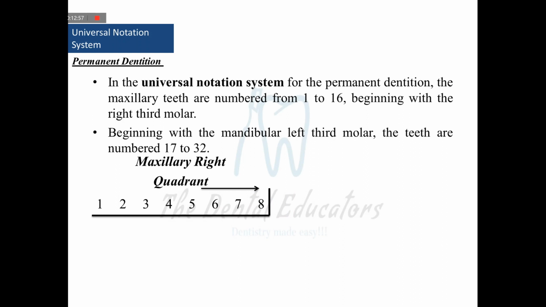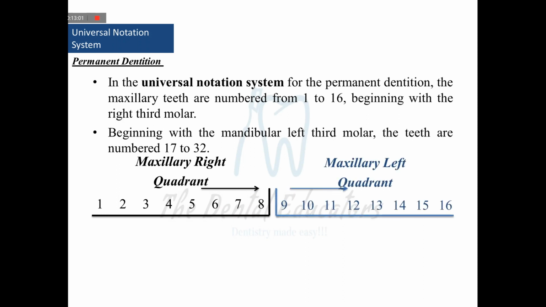Now from the right hand side we continue to count the teeth towards the left hand side quadrant. So the central incisor of the left hand side is now labeled as number 9. The lateral is labeled as number 10. The canine is labeled as 11. The first premolar is 12. The second premolar is 13.